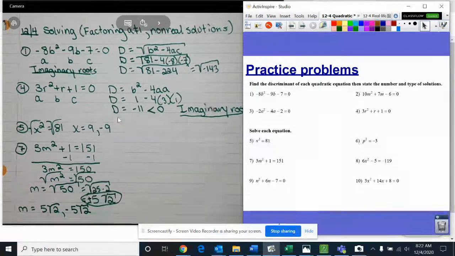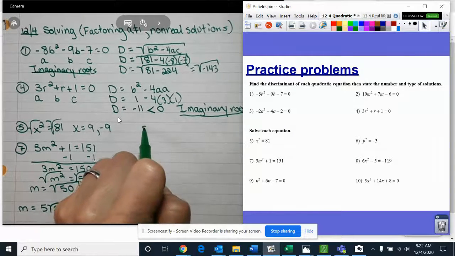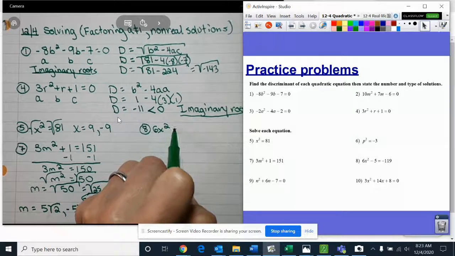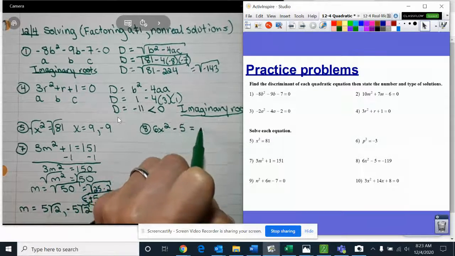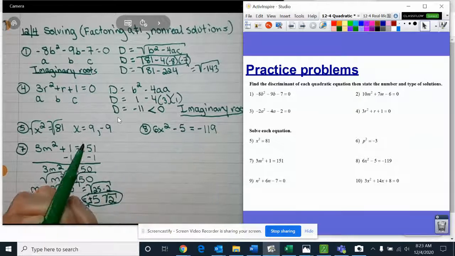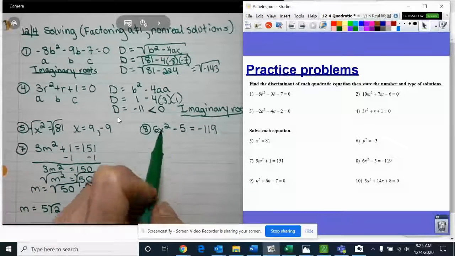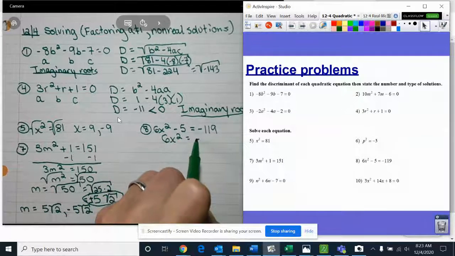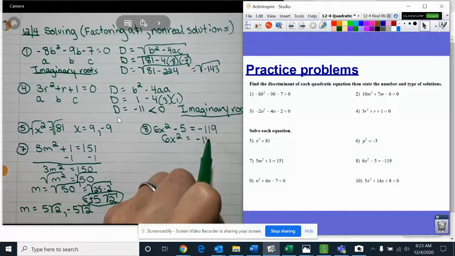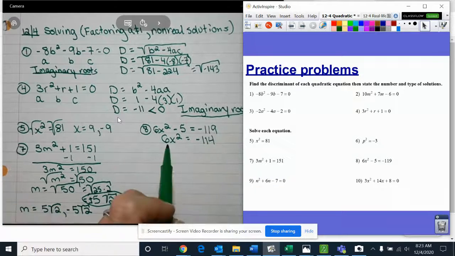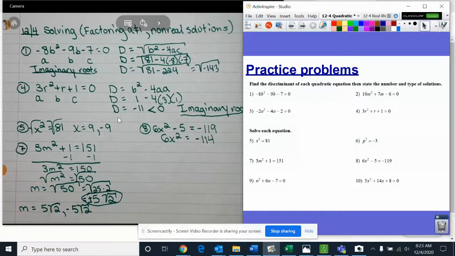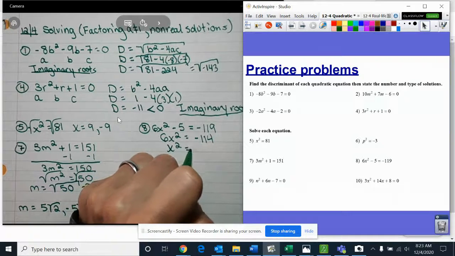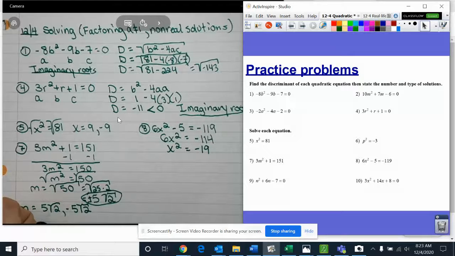Looking at 8 in a similar way, we have 6x squared subtract 5 is equal to negative 119. Well, when we add 5 to both sides, we get 6x squared is equal to negative 114. Then when we divide by 6, we get x squared is equal to negative 19.